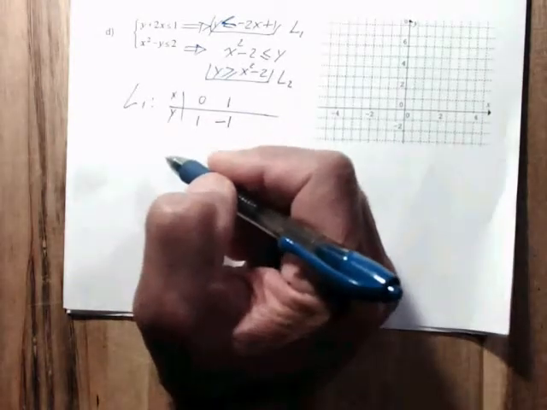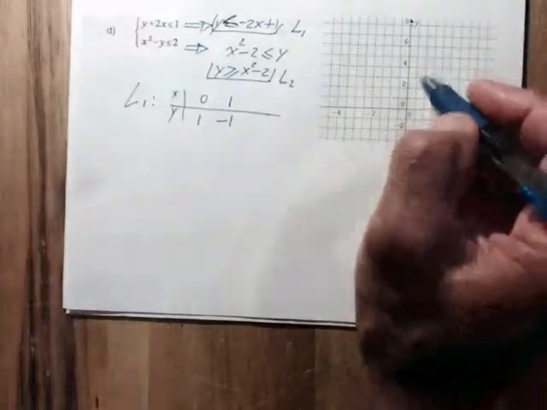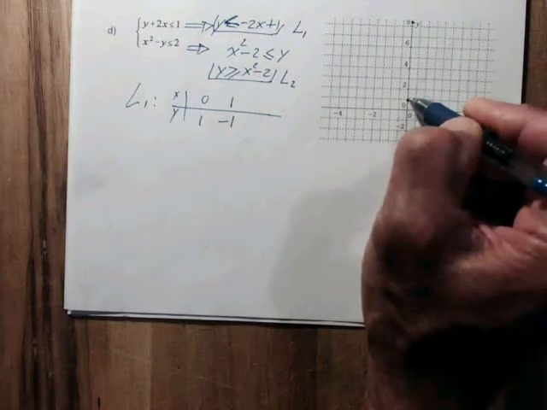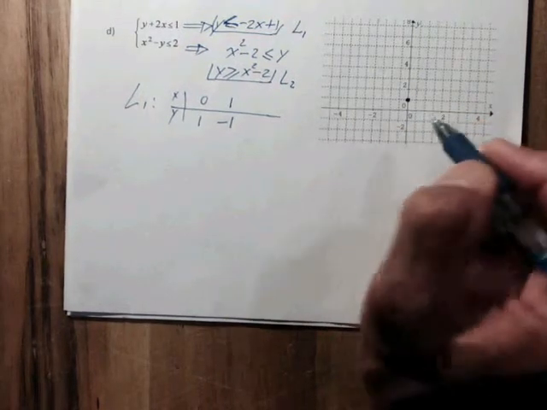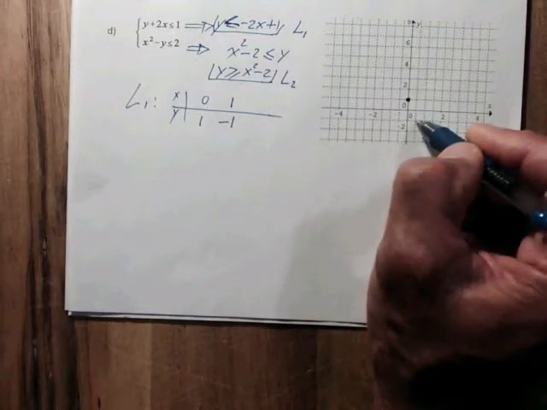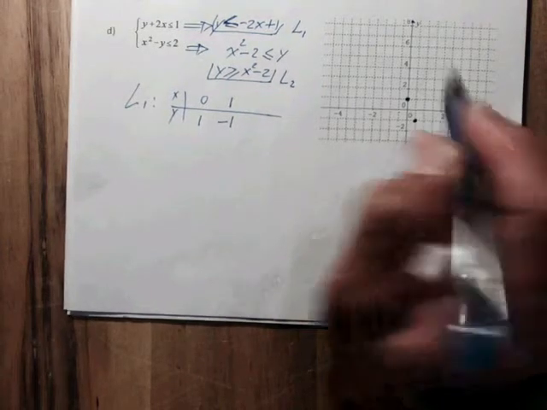Okay, so 0, 1 is right here, and 1, -1 is right there. So we have this line.